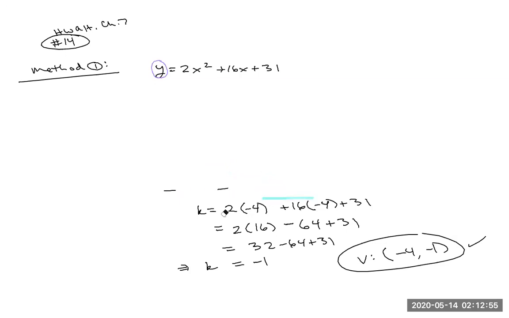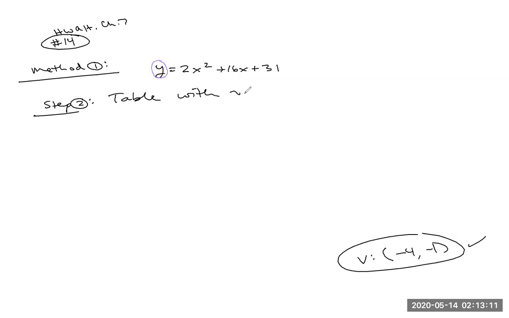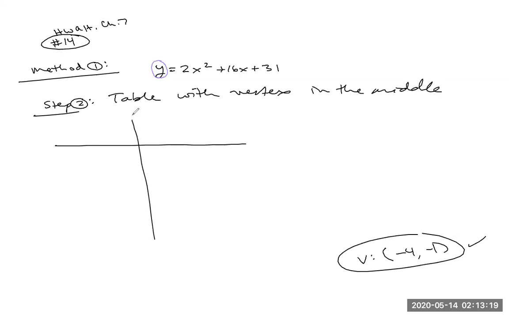So once you find your vertex, step 2, make a table with the vertex in the middle. So you have x and y.